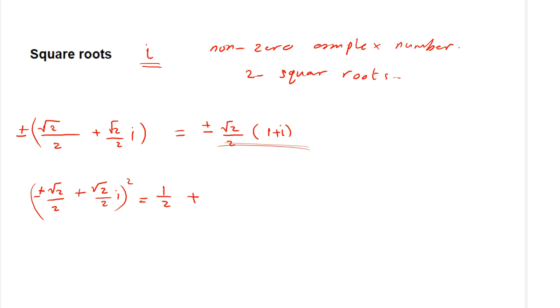The denominator will be eliminated, and the square root of 2 over 2 multiplied with itself and i gives i, plus half i squared. If we take half out, we'll be left with 1 plus 2i plus i squared.